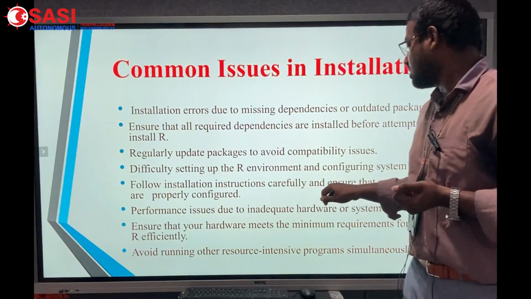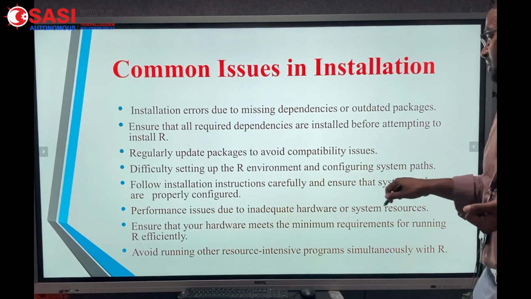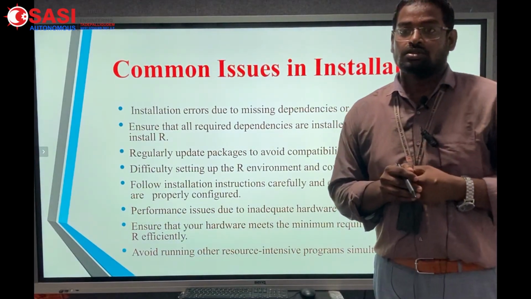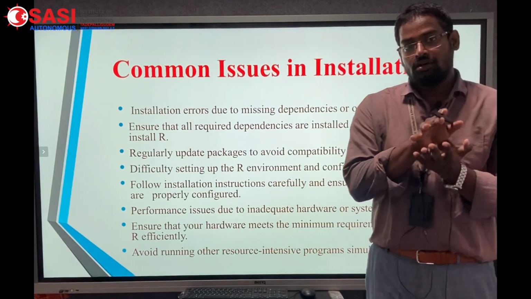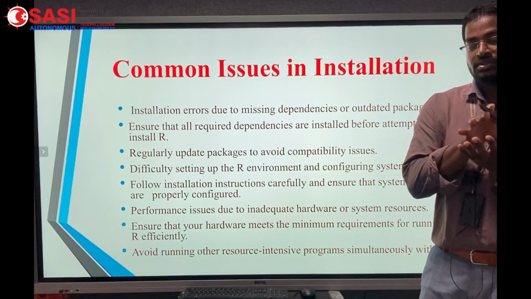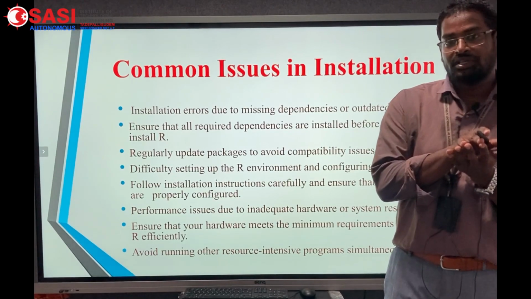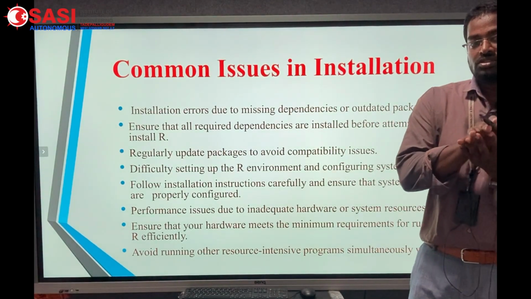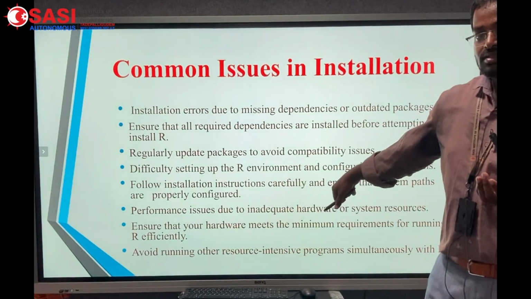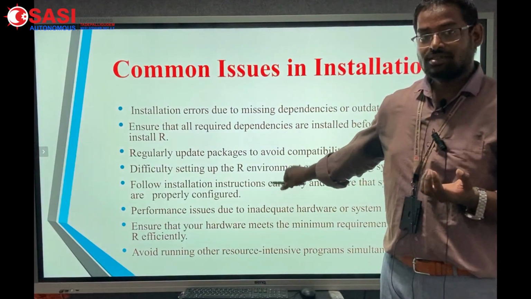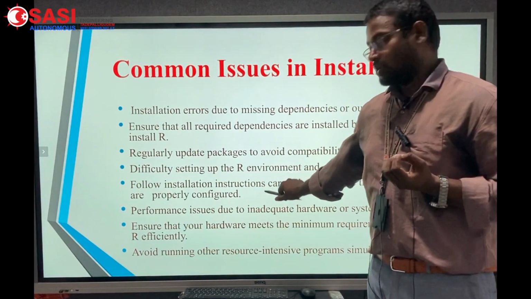Ensure that your hardware meets the minimum requirements for running R efficiently. So we need to check whether our hardware is updated or not. At least we need to provide the minimum requirements to support high-end operating systems, because R is a statistical computing tool.